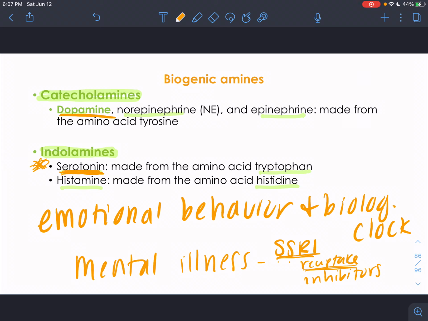Okay, but most drugs to treat depression are going to target these neurotransmitters, especially serotonin. Okay, and we're not going to talk about it in this class, but drugs are going to mimic the effects of some of these molecules or cause the release of them, which can lead to imbalances.